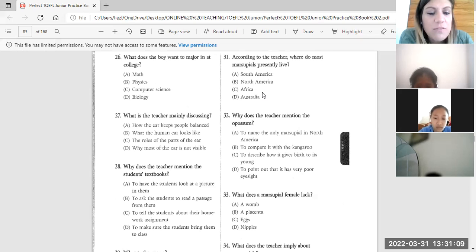Many others are found in South America and North America. But the majority means most of them. So where did she say most of them lives? I think it's the Australia. Australia. Why does the teacher mention the opossum? Let's listen.